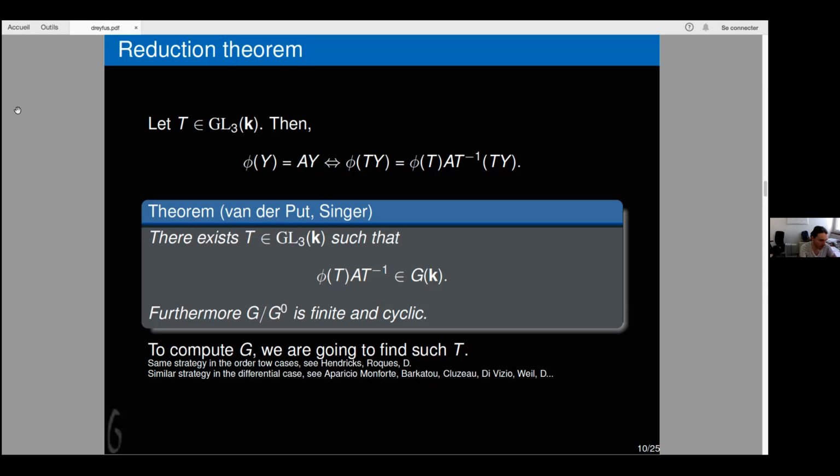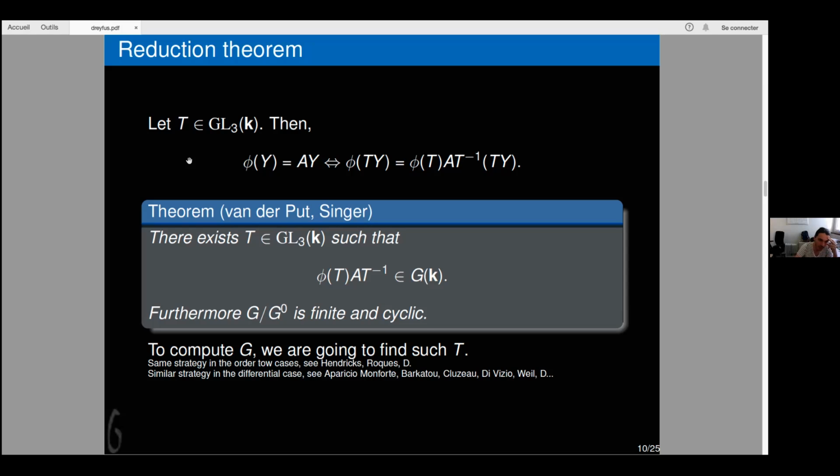You may make a variable change: if I replace y by Ty, I change phi of y equals Ay into a new system. So it's quite easy to compute the new system, I just use the fact that phi is a morphism of rings. So I have a new system.